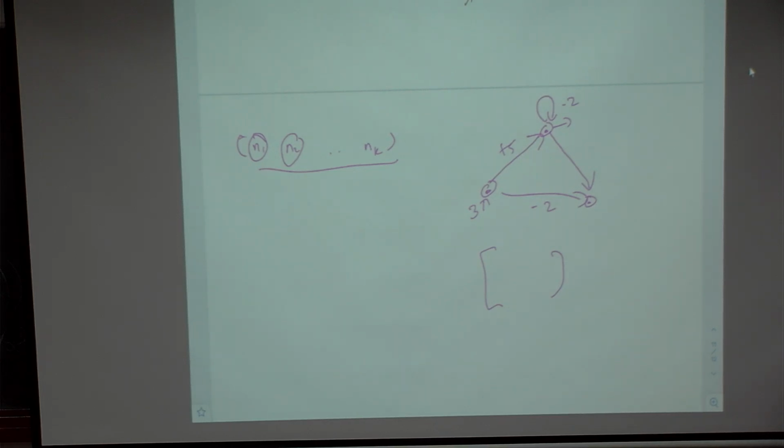Okay, now let us look at all these vectors that you would get here. Since there are only k states, the number of linearly independent vectors that you can have is at most k, that's dimension k. Okay, so you will get a basis for this vector space, at most k vectors.